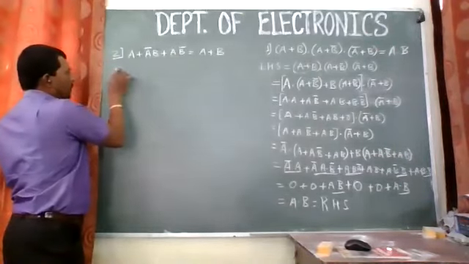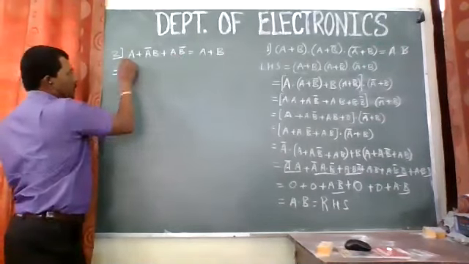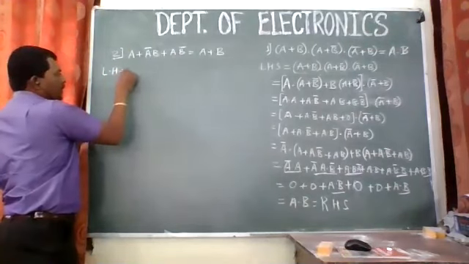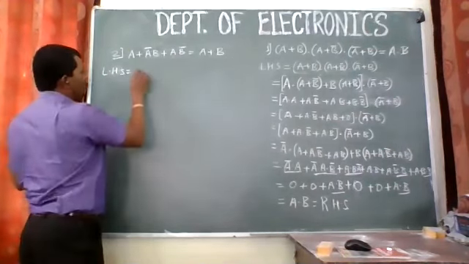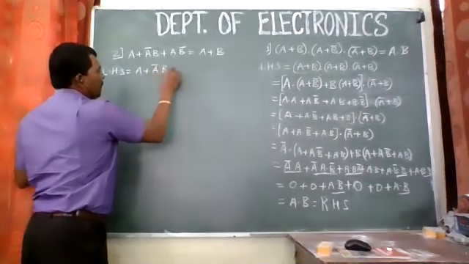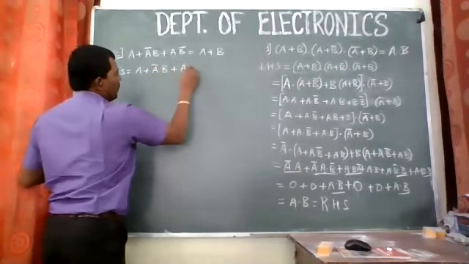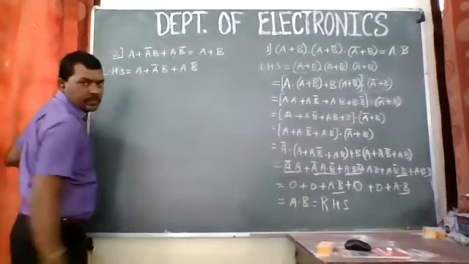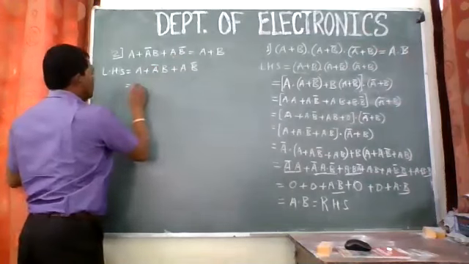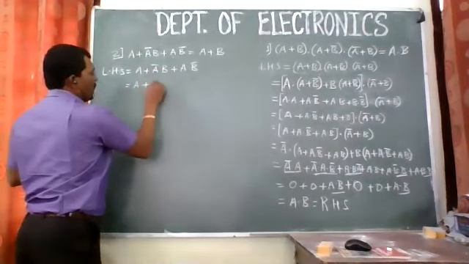I'm writing this term in a different fashion. Taking the left hand side, LHS, it is a plus a bar b plus a dot b bar. Now I'm just replacing this b bar. Just see how I can do that.